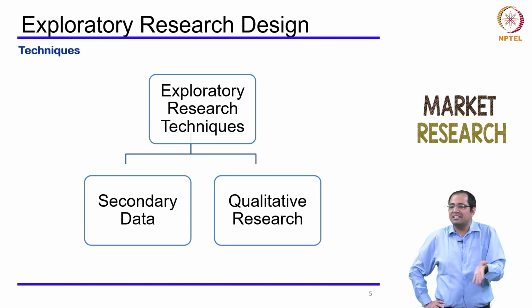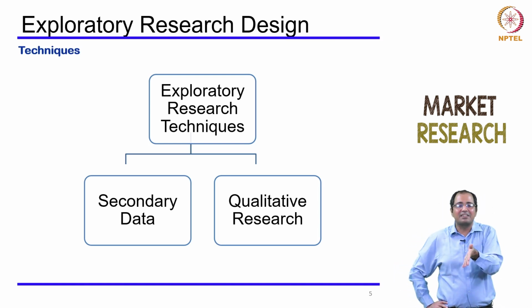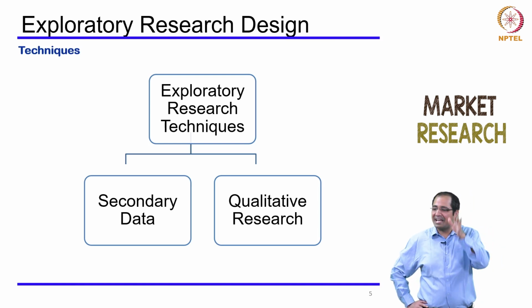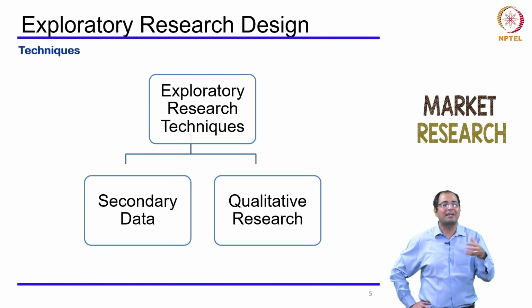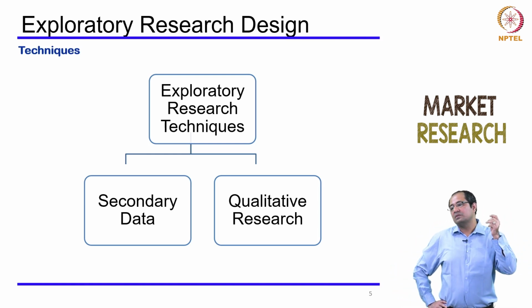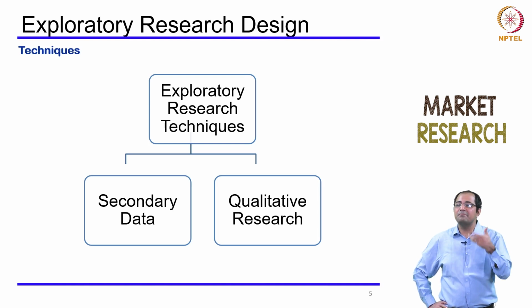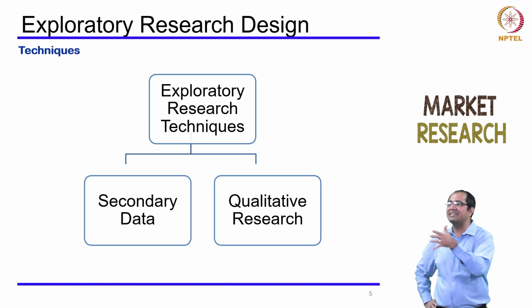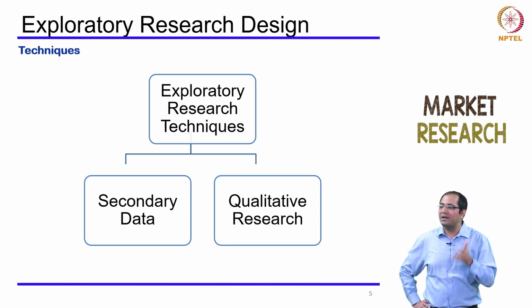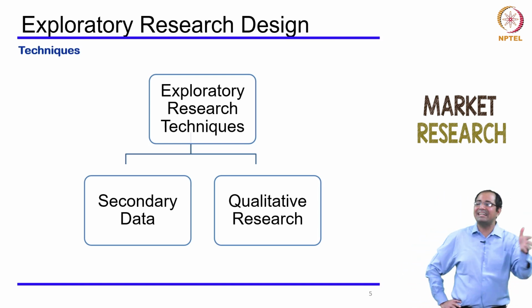So census data, whether you do market research or not, the government will do a census after each 10 years. So that data will be there. Likewise, many market research agencies like Nielsen, Kantar, GfK collect data. Let's say Nielsen collects panel data about FMCG brand consumption every month across many cities. So whether you conduct the market research or not, you can use that data.